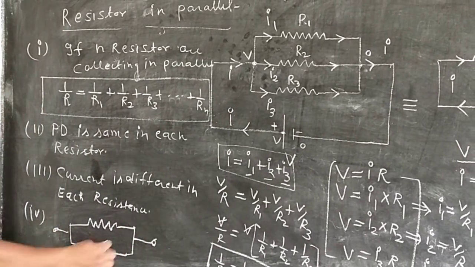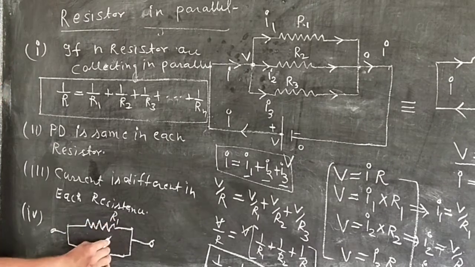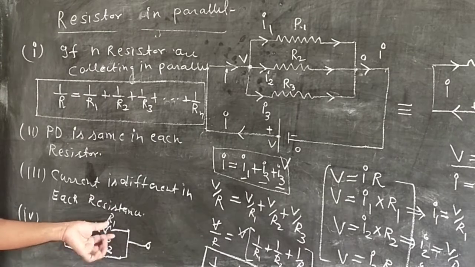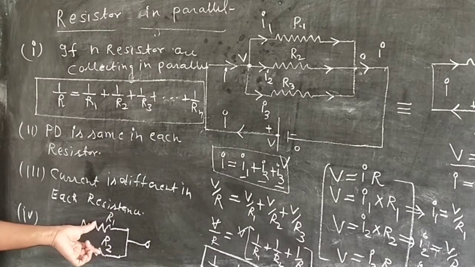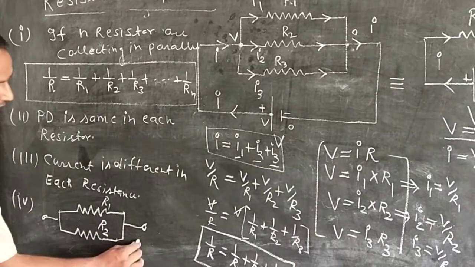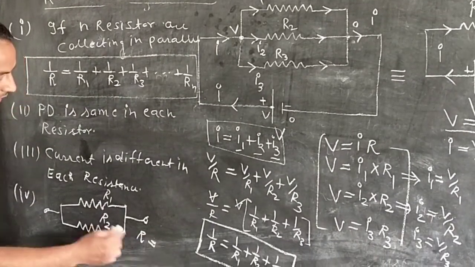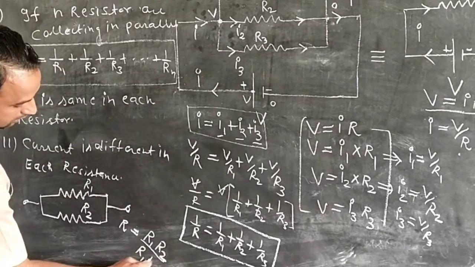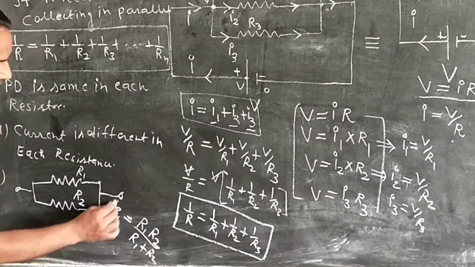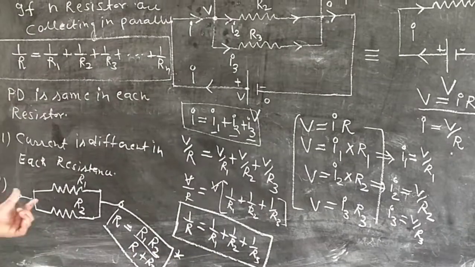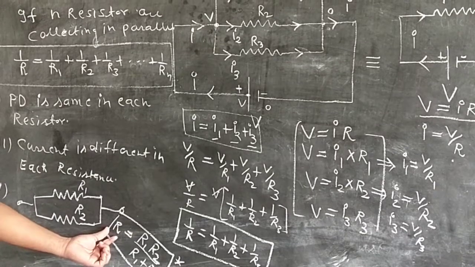If this is the resistor R1 and this is the resistor R2, then generally in questions R1 and R2, the 2 resistors, are connected in parallel, and we apply the important result R is equal to R1 R2 upon R1 plus R2. We use this result because the calculation is reduced and hence we directly apply it.